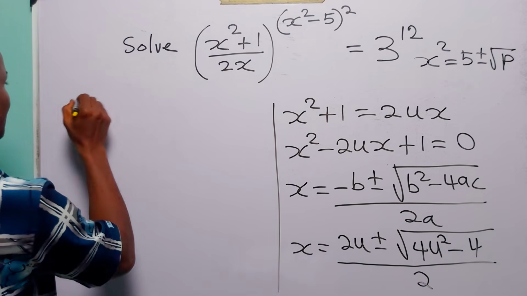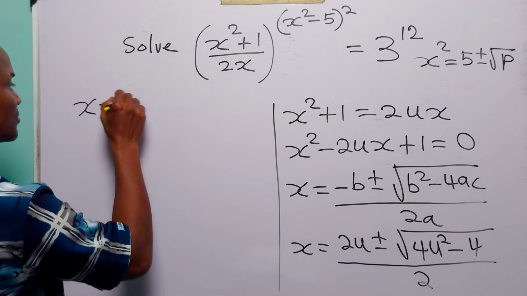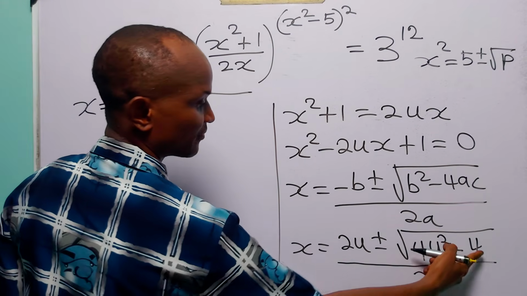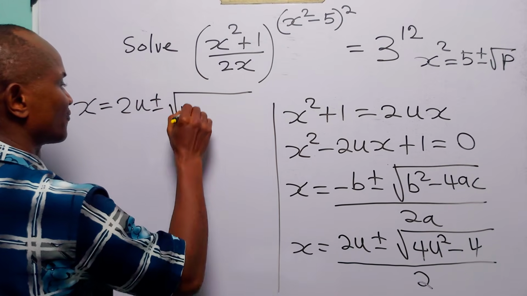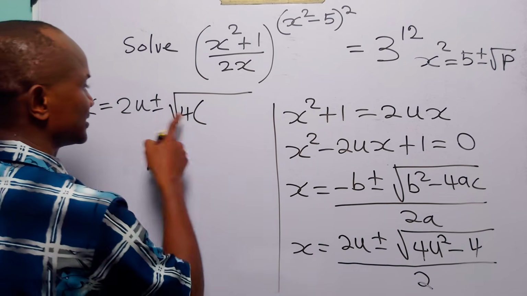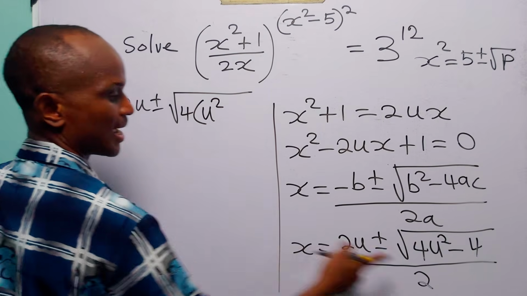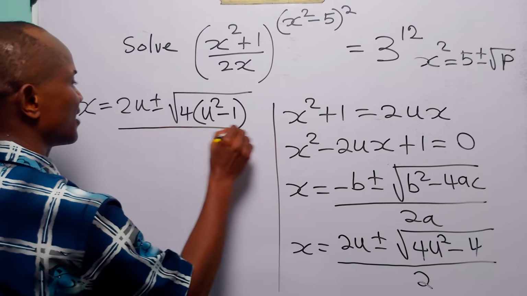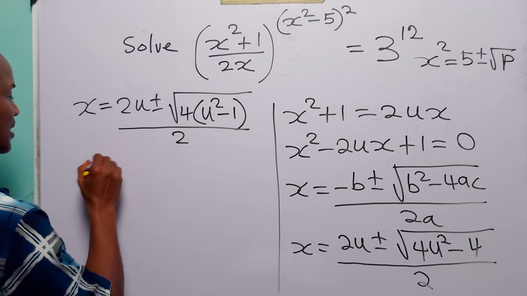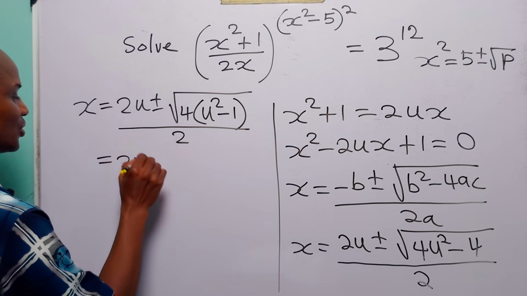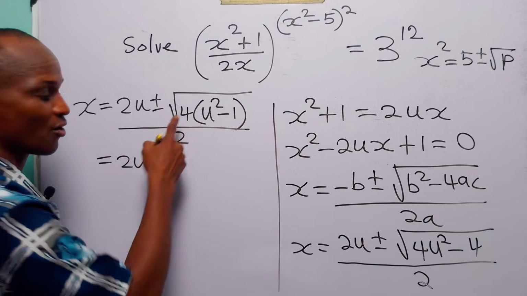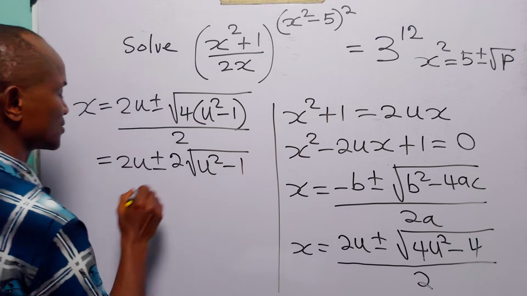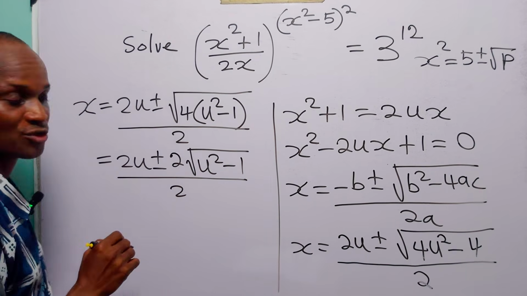Now from here we have that x is equal to 2u plus or minus the square root of, we can factorize these two terms. We have 4 into 4u squared divided by 4 is u squared, and minus 4 divided by 4 is minus 1. Everything is divided by 2. This is equal to 2u plus or minus the square root of 4, which is 2, then we have root u squared minus 1, divided by 2.